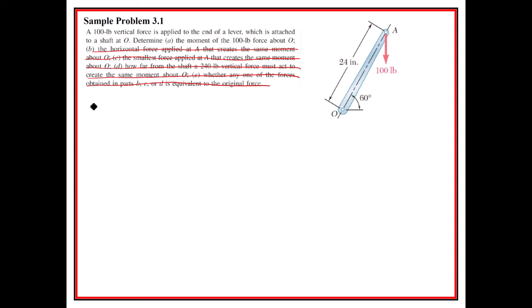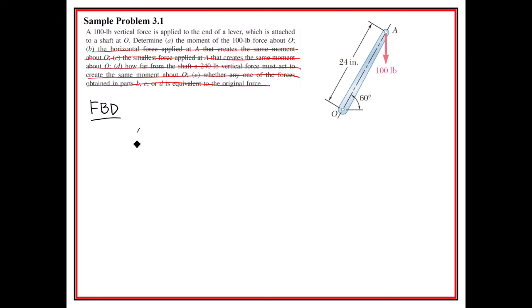I'm going to show you this in two different approaches. I'll do the same thing for sample problems 3.2 and 3.3. In sample problem 3.3, we actually have 3 separate ways that these are all going to be the same.